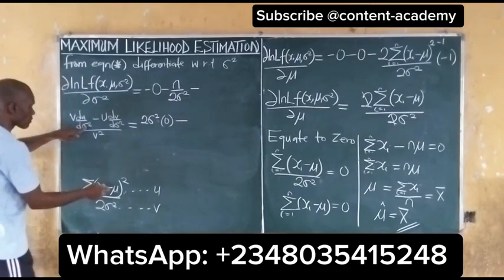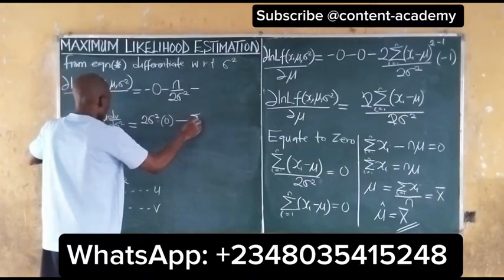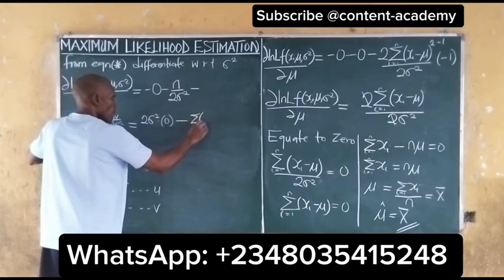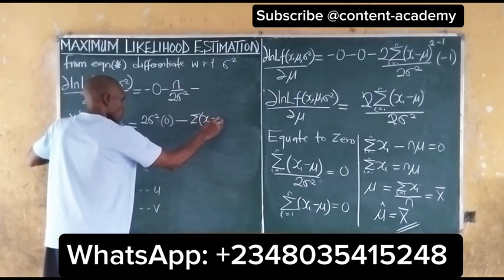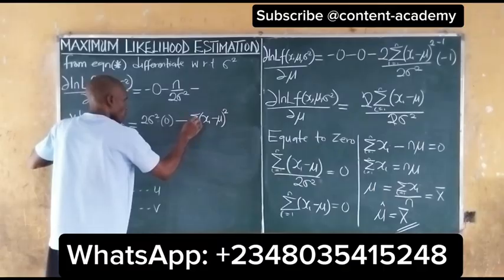Minus, because there is no sigma squared here, minus u. We have u to be the summation of (xi minus mu) raised to the power of 2.